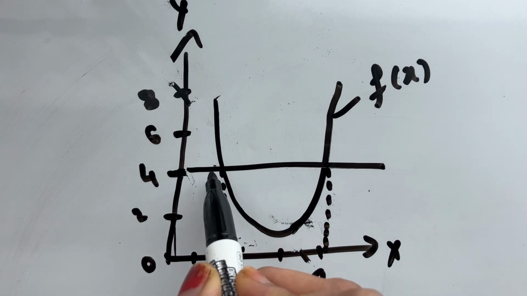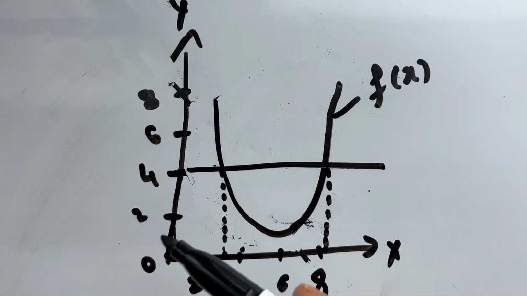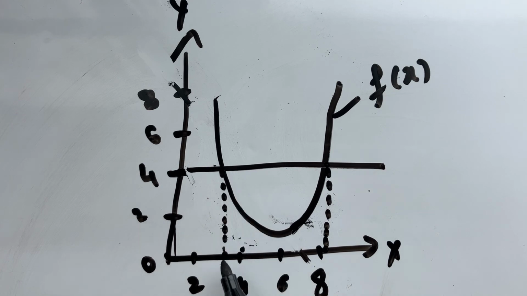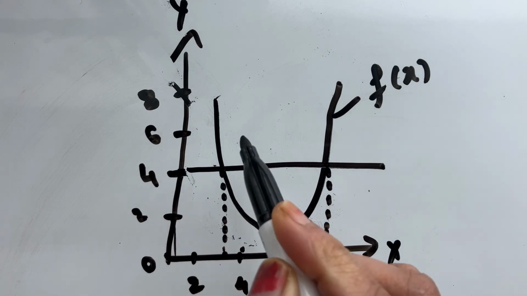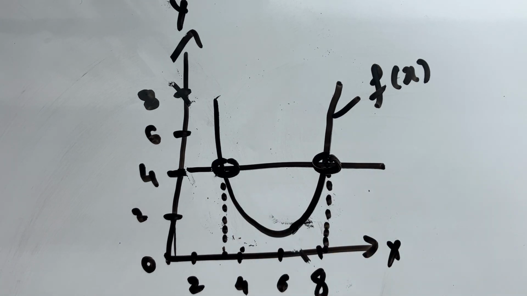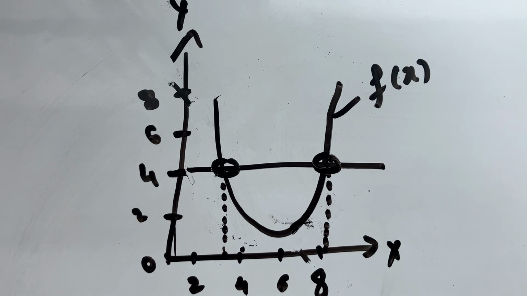So this horizontal line intersects the function at 2 points. A function has an inverse only when each output is produced by exactly 1 input. Here our output 4 is produced by 2 inputs. That means this function does not have an inverse function.